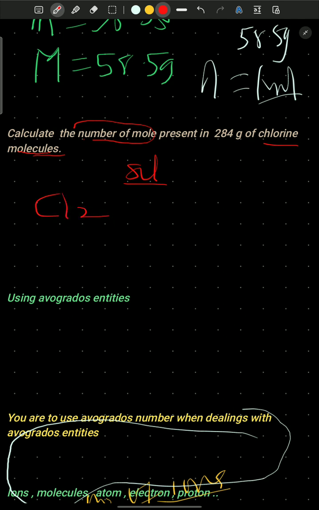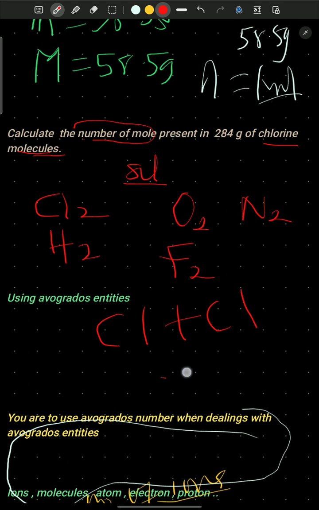If a question says hydrogen molecule, it means H2. If a question says oxygen molecule, it means O2. Fluorine molecule, F2. Nitrogen molecule, N2. That is the meaning. Because why? If atom reacts with atom, it's going to give you molecules. So molecule is the combination of atoms.